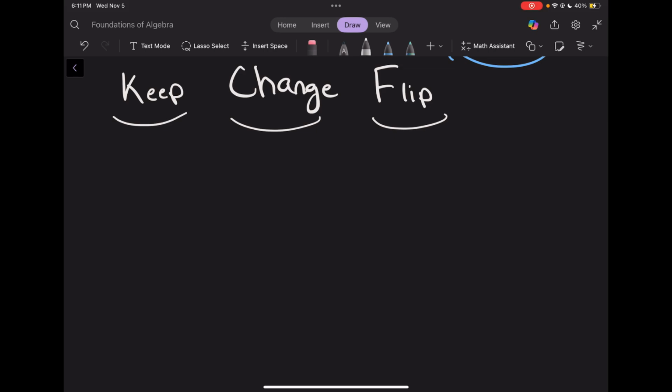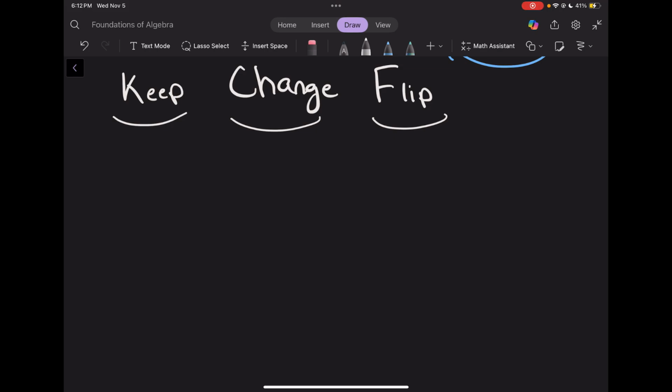Even though it's KCF, I think division in fractions gives me Kentucky Fried Chicken, and then I'm like, but wait, it's actually KCF. I don't know. You can find little quirks and little things to help you remember things in math, and yeah, this is just mine. I don't know if you would want to keep that or not, but yeah.